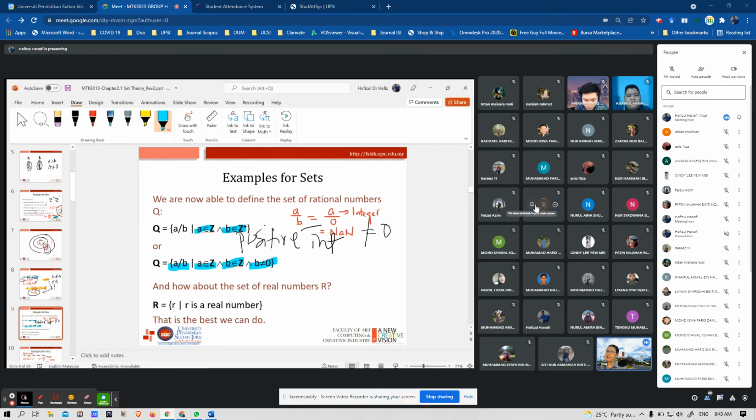And how about the set of real numbers? If we have R, and R is an element, you define R as a real number.